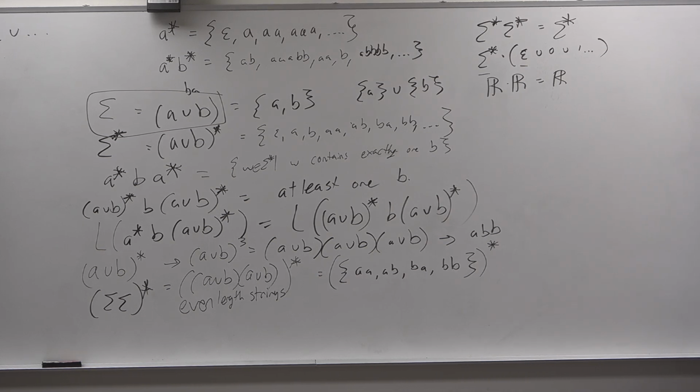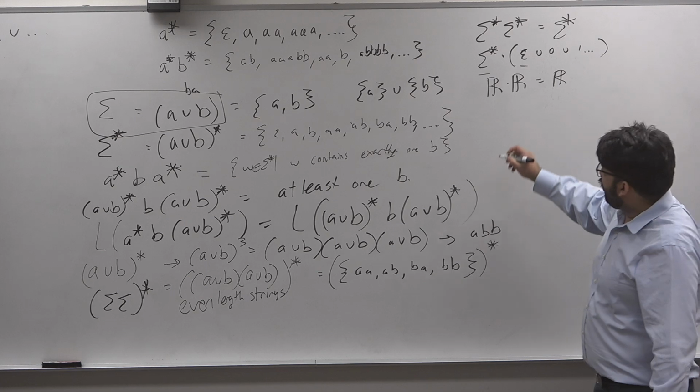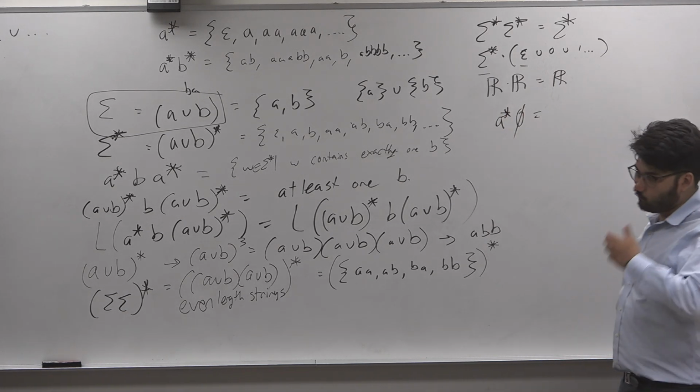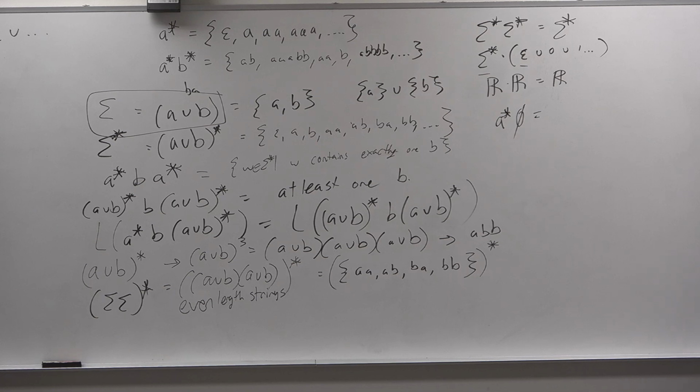Okay, here's one that I don't think anyone is going to get. What is A star concatenated with the empty set? Yeah. Is it just A star? No. I knew I'd get someone. What's the other option? The empty set? Yeah. Why?